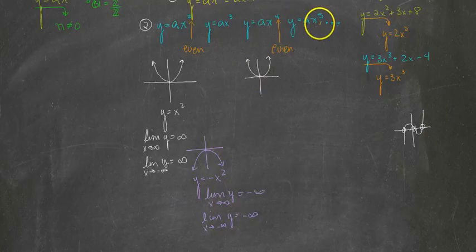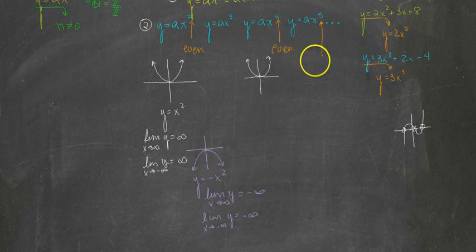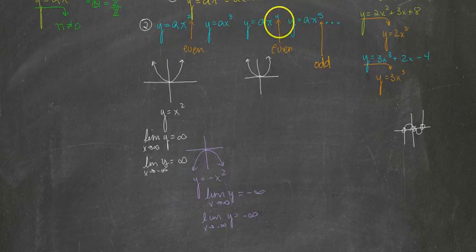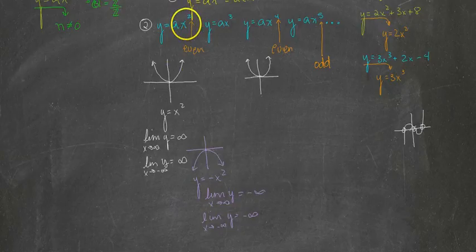So what about here, where I have y equals ax to a fifth power function? Well, this is an odd power, an odd exponent. Any even exponent is going to have a graph that behaves very similar to a quadratic.